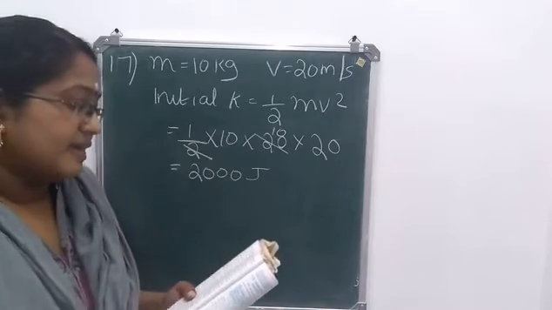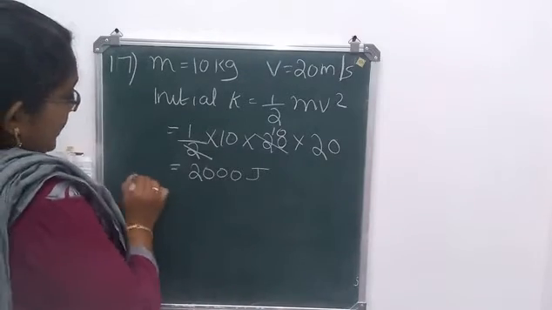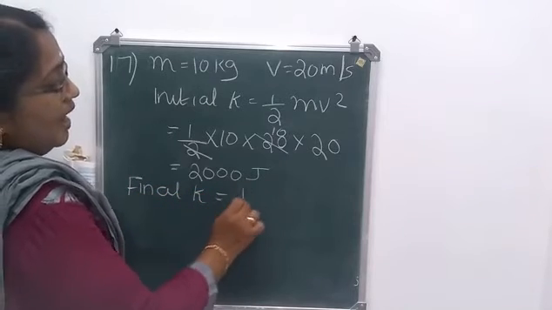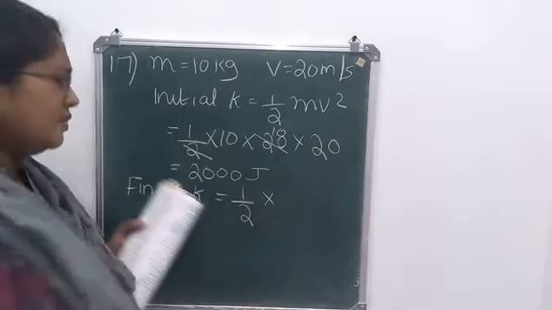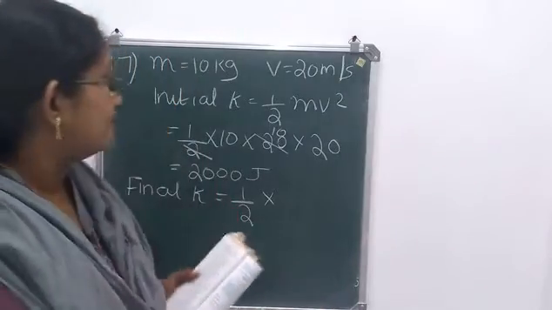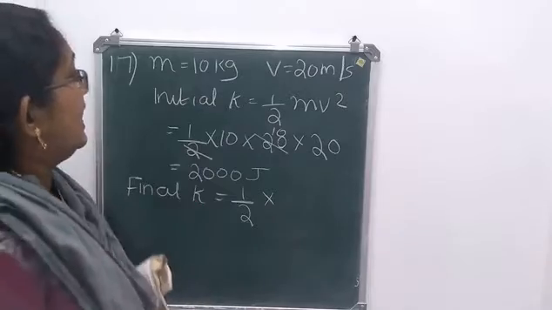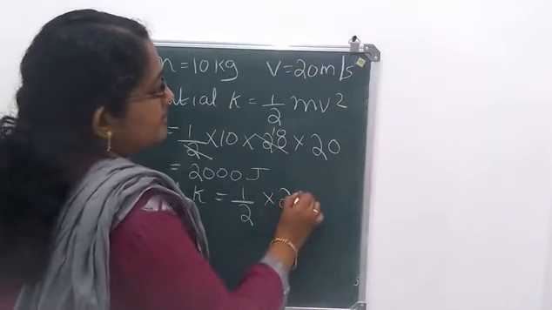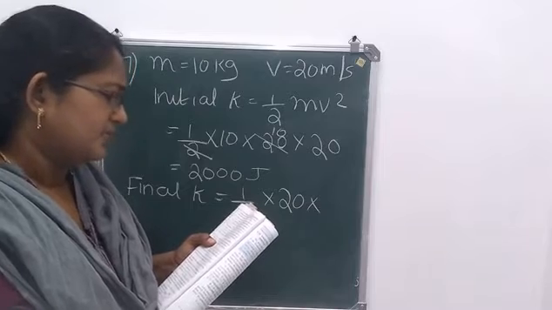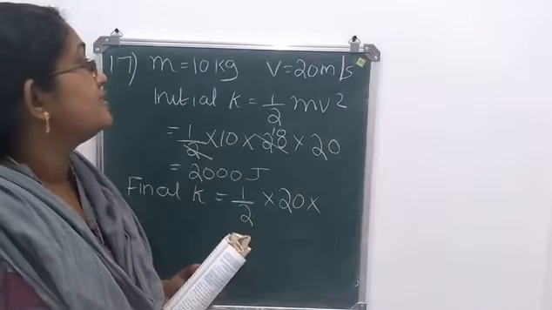Now in the second case, the final kinetic energy is equal to half into what is given in the question. Mass of the body is doubled. So the mass was 10. When it is doubled, it becomes 20. And the velocity is halved.